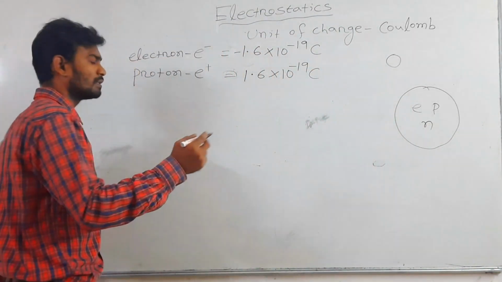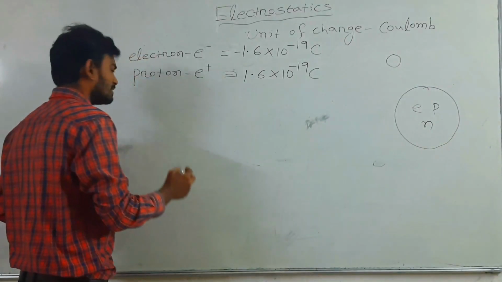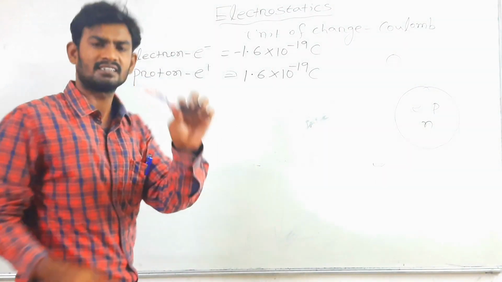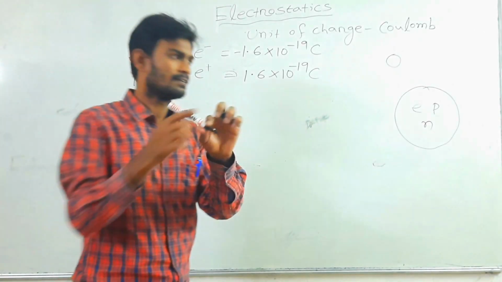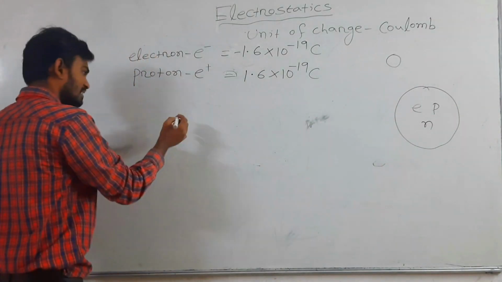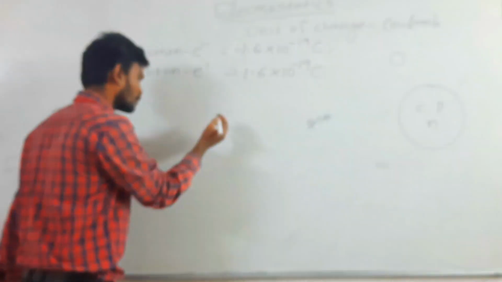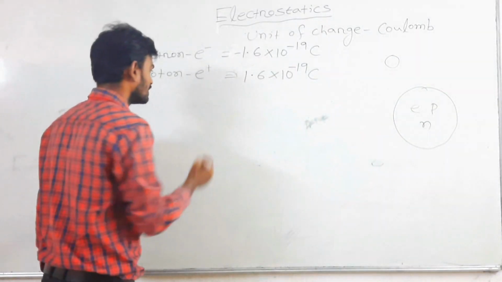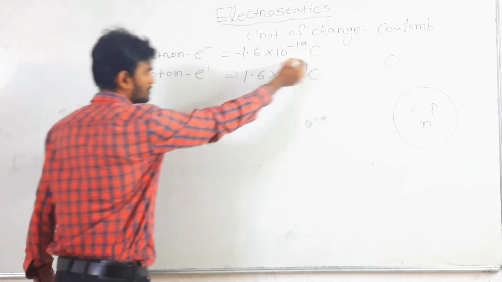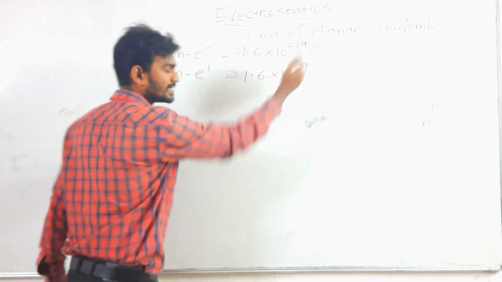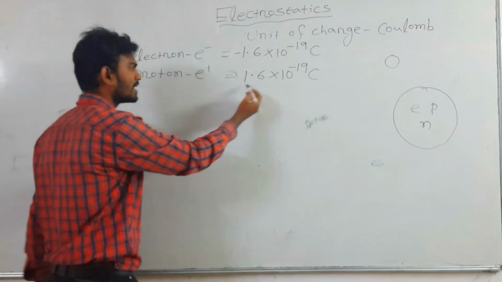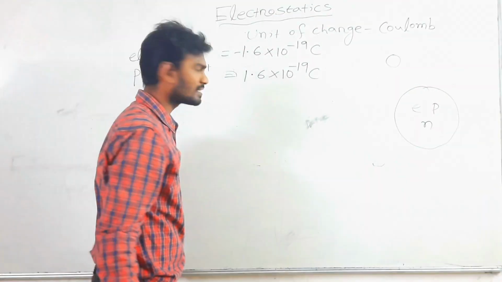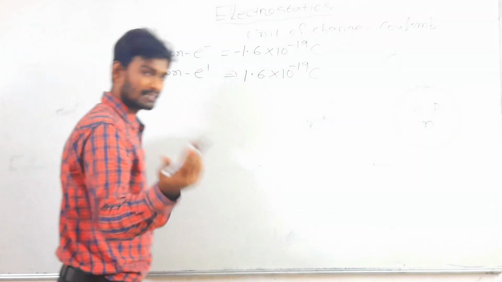Now, take an object, just like this pen, this marker. This marker consists of electron, proton and neutron. The electron has minus 1.6 into 10 to the power minus 19 coulomb, the proton has 1.6 into 10 to the power minus 19 coulomb, and the neutron has no charge.